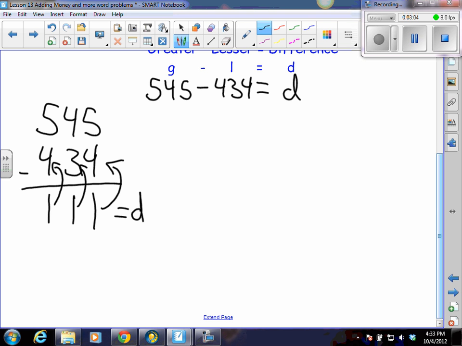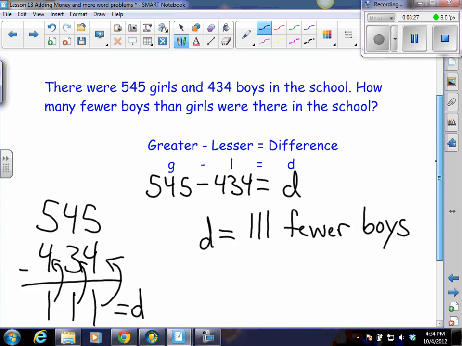And of course that works, so we know that our D is definitely the difference, or how many fewer boys. And so we would say there are 111 fewer boys, as that's what the question was asking.